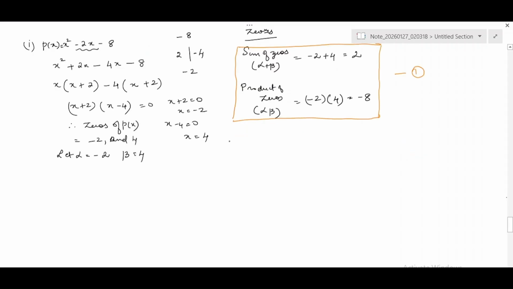Next coefficient, our p of x is x squared minus 2x minus 8. Okay, so a will be coefficient of x squared is 1, b will be coefficient of x, that is minus 2, and c will be constant, that is minus 8. So alpha plus beta is equal to sum of zeros.